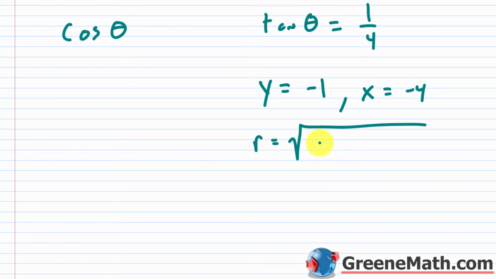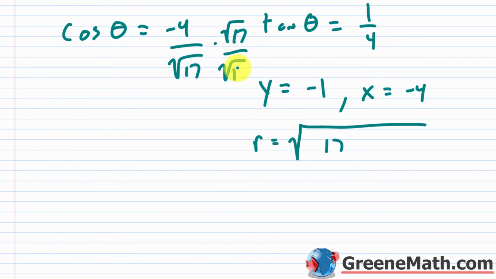So -4 squared is 16 plus -1 squared is 1. So this would be the square root of 17. And so the cosine of theta would be x, which is -4, over r, which is the square root of 17. You would multiply the numerator and denominator by the square root of 17, so you could rationalize the denominator there. And essentially what you would have is the negative of 4 times the square root of 17 over 17.